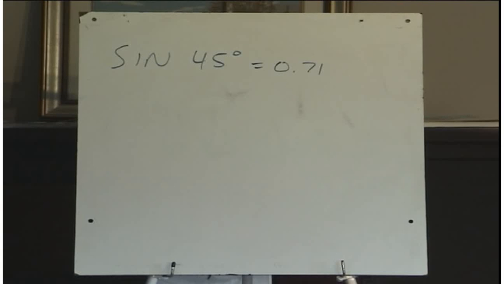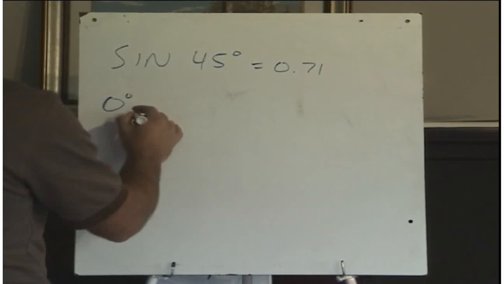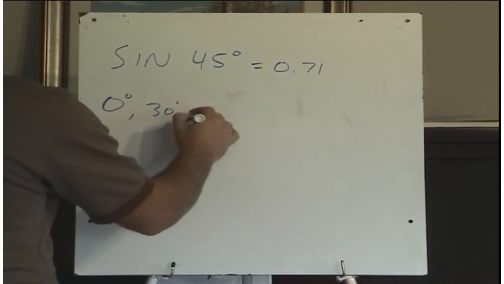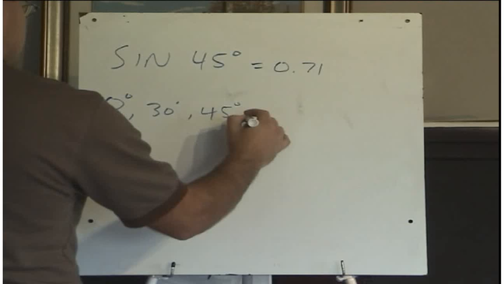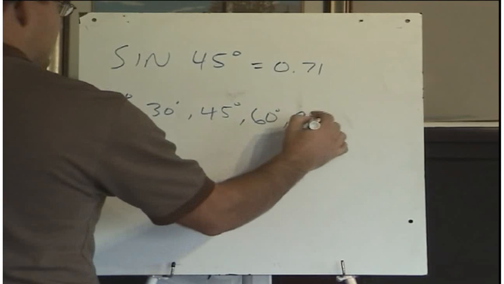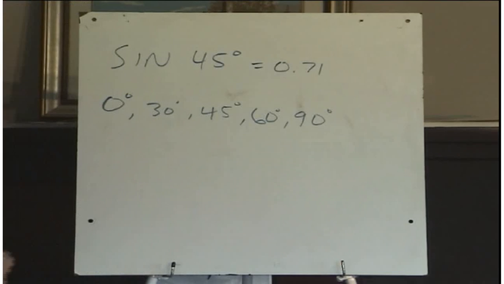But in this expectation, we're asked to come up with exact trig ratios for some specific angles. So the ones that we need to know exact trig ratios for are 0, 30 degrees, 45 degrees, 60 degrees, and 90 degrees, as well as some multiples of those angles.